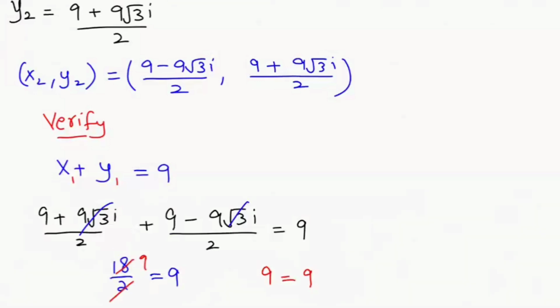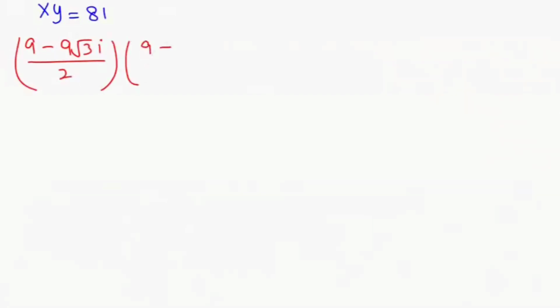Now I'm going to verify my x2, y2 values. For the x2, y2 values, I'm going to take equation 2: 9 minus 9 root of 3 iota over 2 times 9 plus 9 root of 3 iota over 2 is equal to 81.